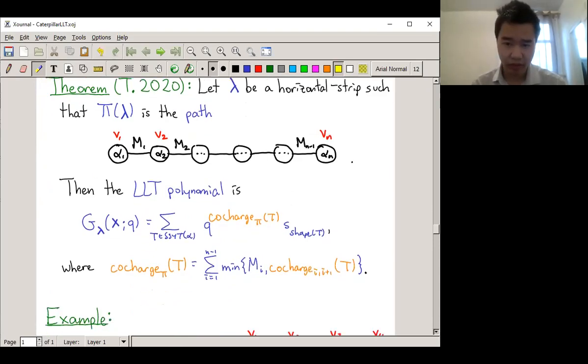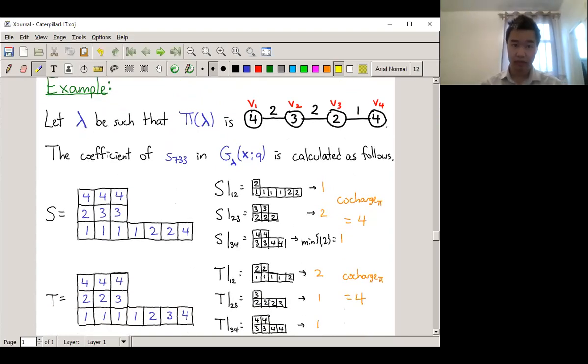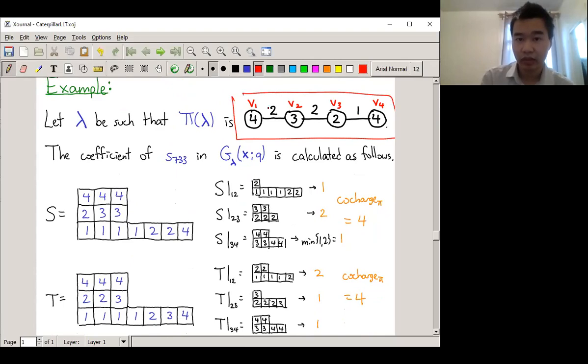So maybe I'll just show you an example of what that looks like. If I have a tuple of rows such that the weighted graph is this path here, then if I want to calculate the coefficient of some Schur function, let's say S733, what I do is I look at all of the tableaux of shape 733 and of weight 4324.